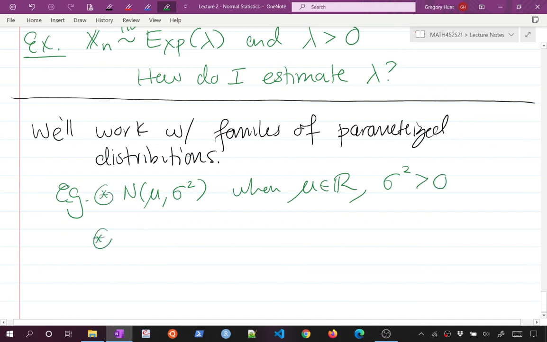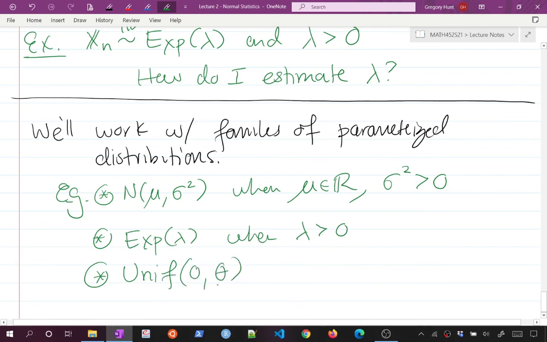Or I'll work with exponential family random variables where lambda is bigger than 0. Or I'll work with uniform random variables between 0 and some theta, and maybe theta is between 10 and 20.